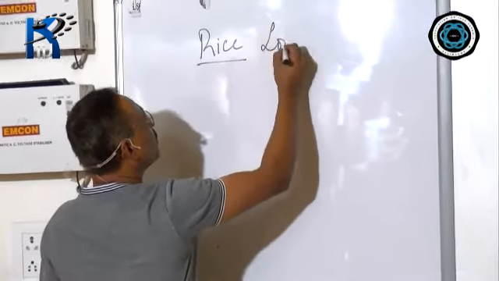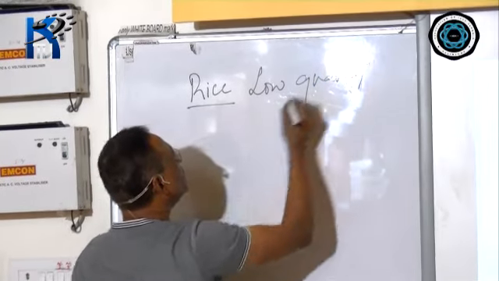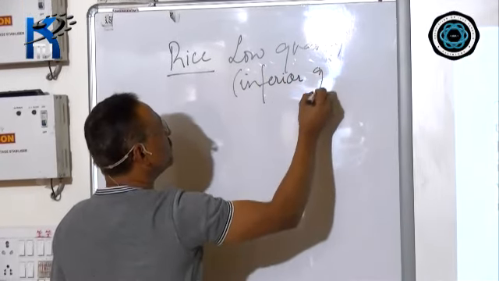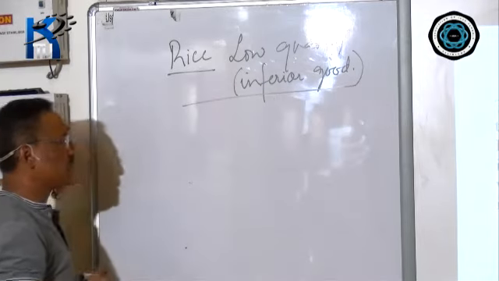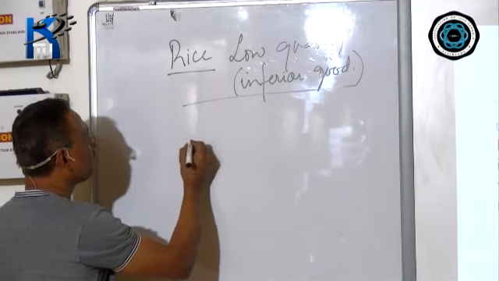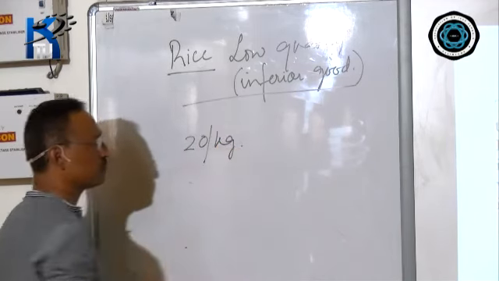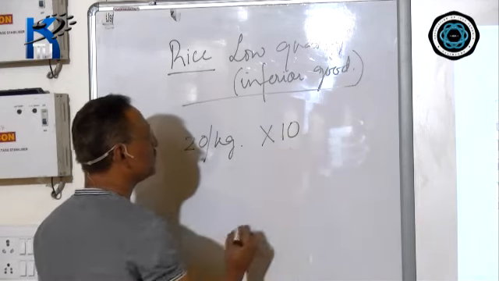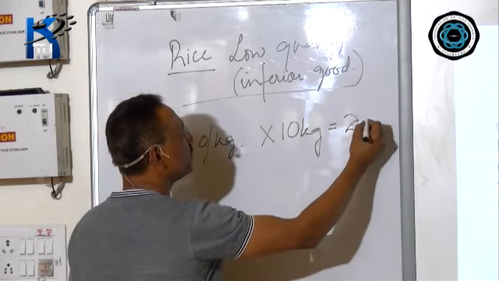Low quality means inferior good. Let us say the price of this low quality rice is 20 rupees per kg, and he buys 10 kgs. So his expense is 200 rupees.